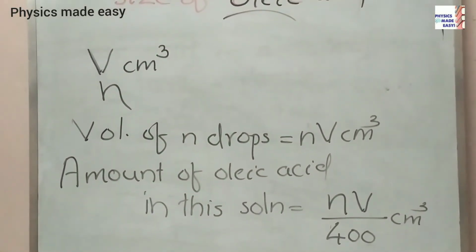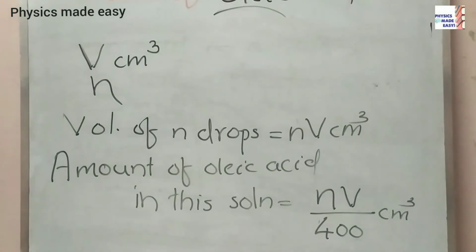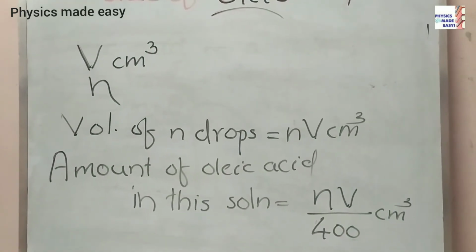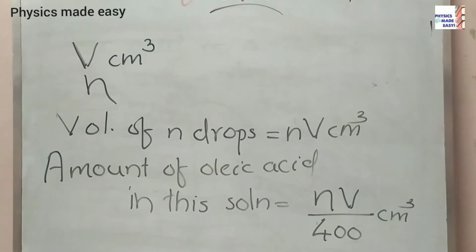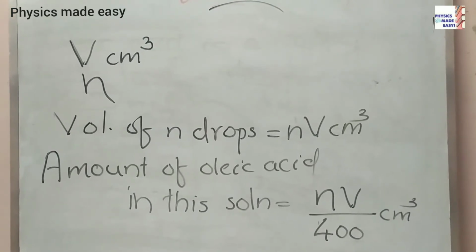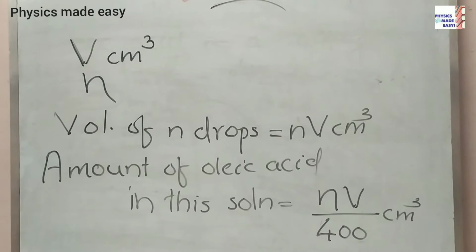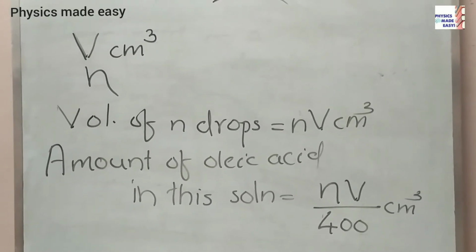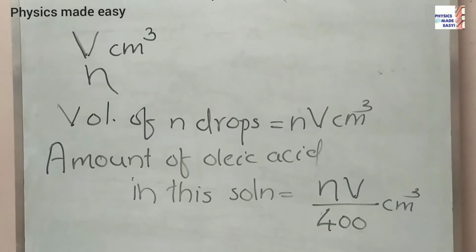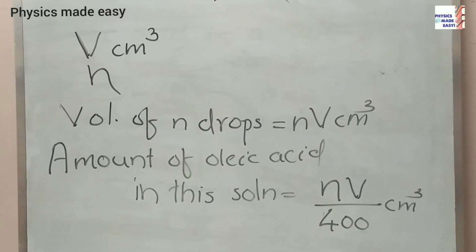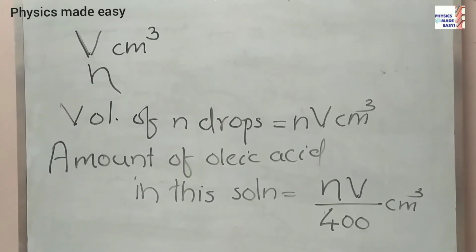Its thickness we take as t, and we can measure the area of that. How can we measure the area? By using a scale we can take the diameter of that, or we can use graph paper for taking the area. In that way we can take the area. We can consider A cm² to be the area of the film. Then how can we find the thickness of that film?